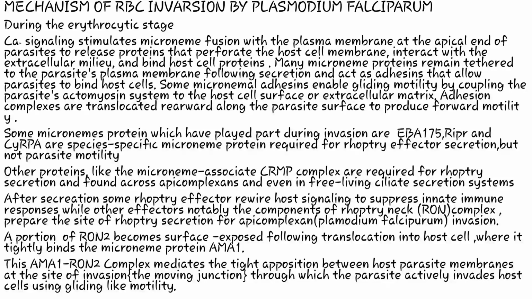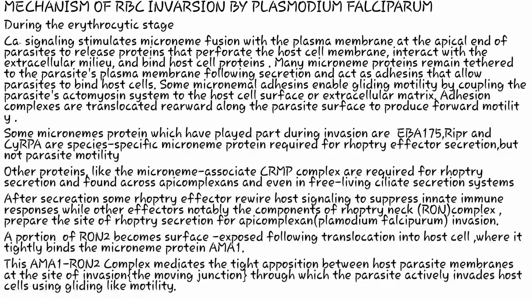So as I said, we have microneme proteins and we have Rhoptry, and Rhoptry is already releasing these complexes. These Rhoptry complexes have been released and embedded in the host cell membrane. Once they've been embedded, microneme proteins such as apical membrane antigen 1 tend to bind with them.